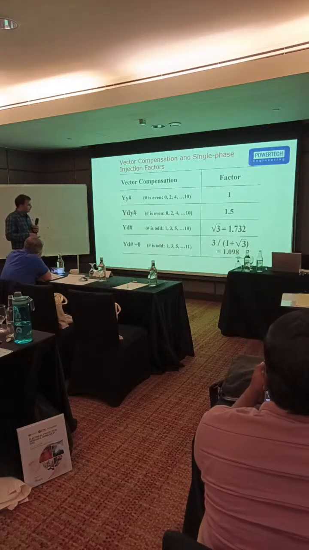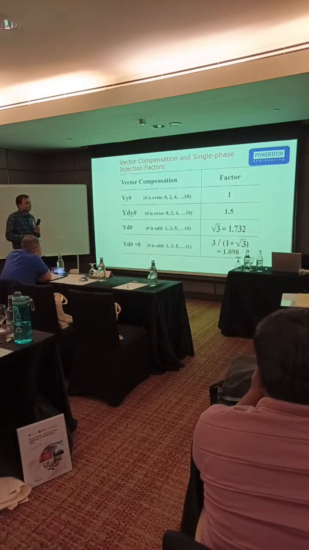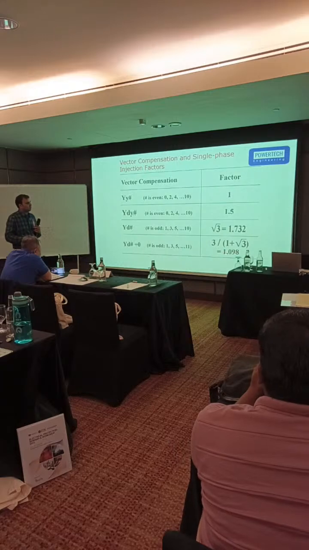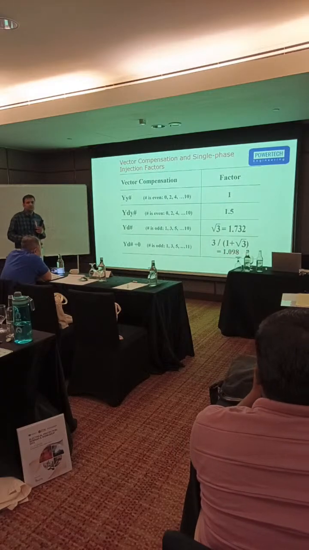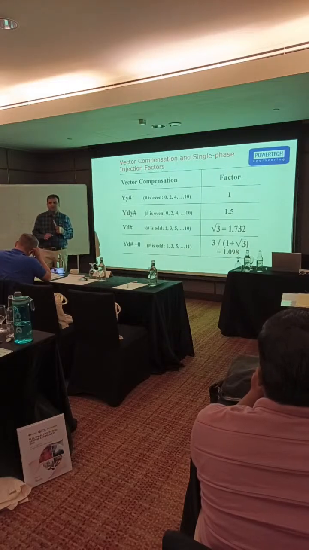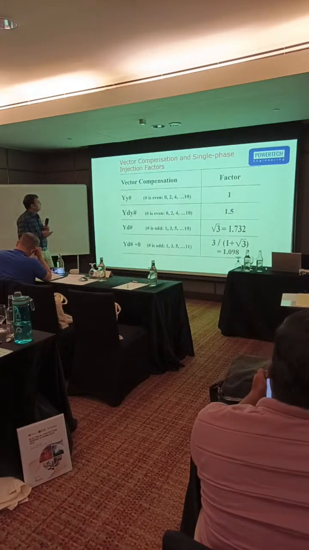If it is a YD setting, then the ratio will be 1.732, and for YD plus 0, this ratio will be 1.098. In all cases only these four factors will be there. Based on that we can choose our vector compensation.